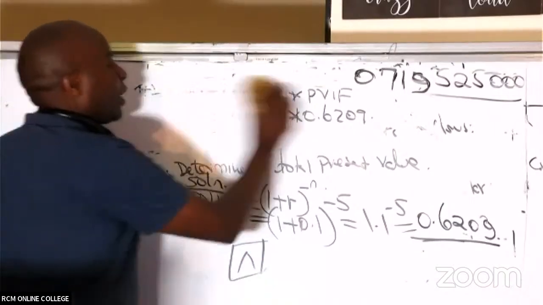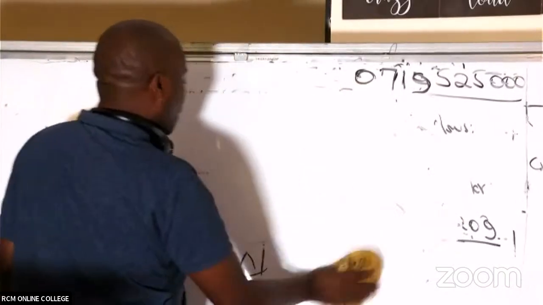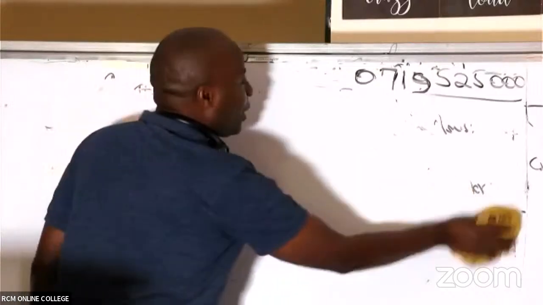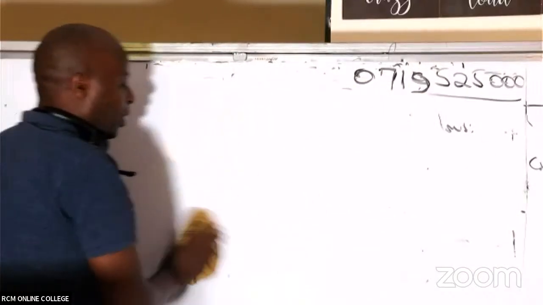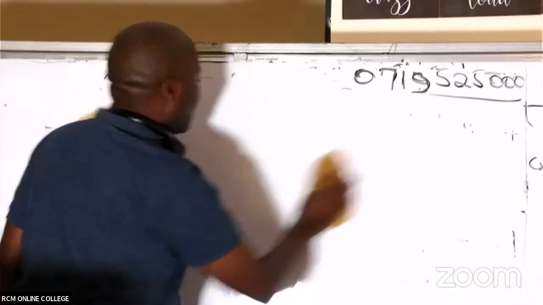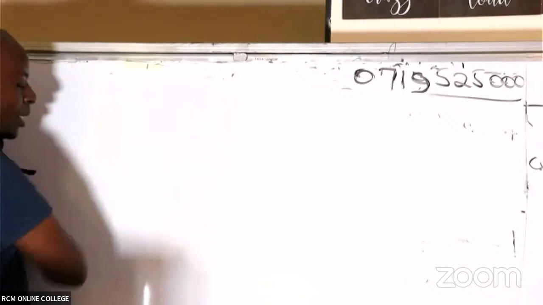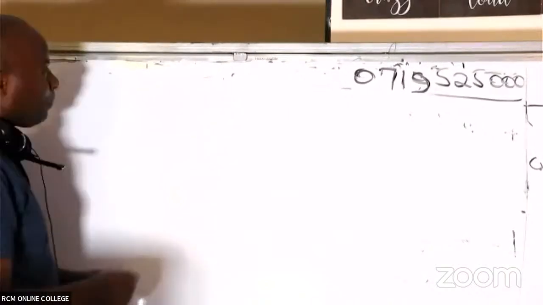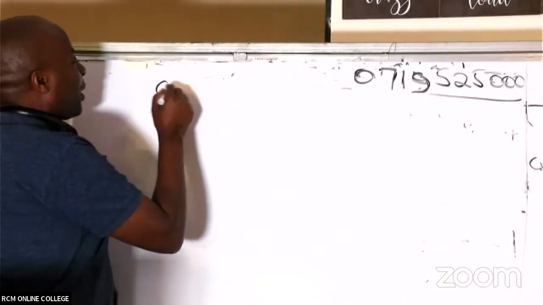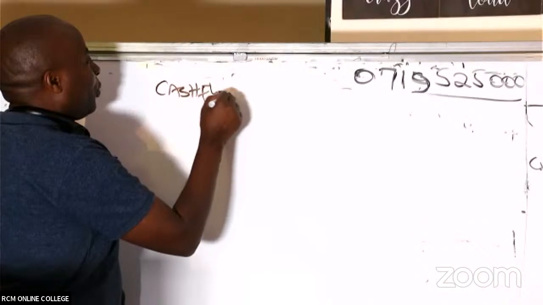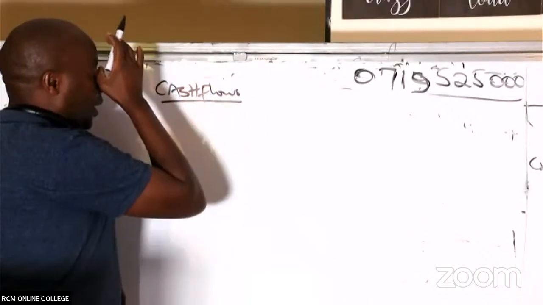How about this one? Now we have, in this case here, Karuki. Mr. Karuki's cash flows. Mr. Karuki has gone into some business here that has got some cash flows. And these are the cash flows from Mr. Karuki's restaurant.